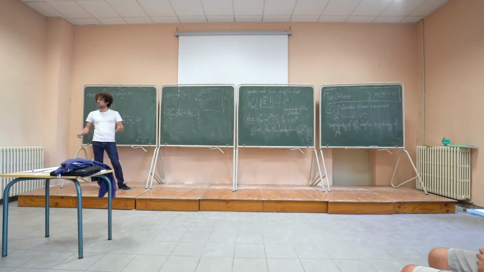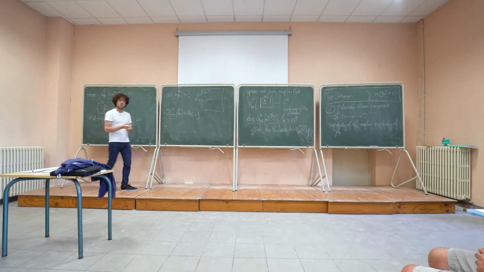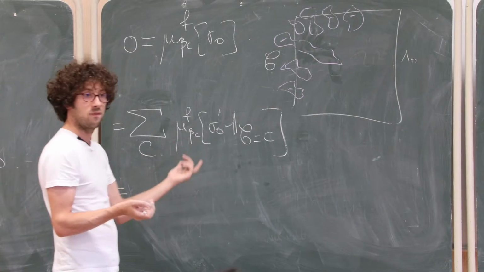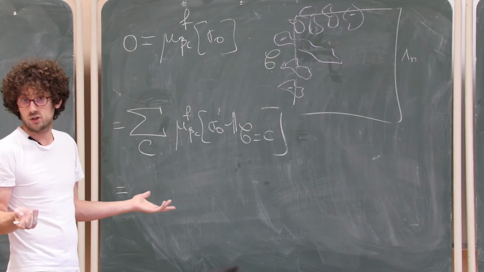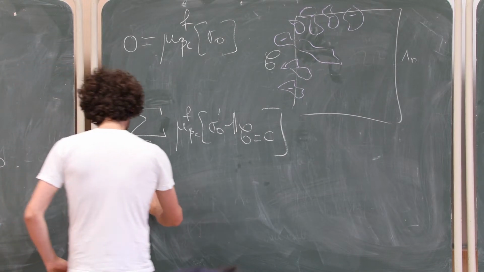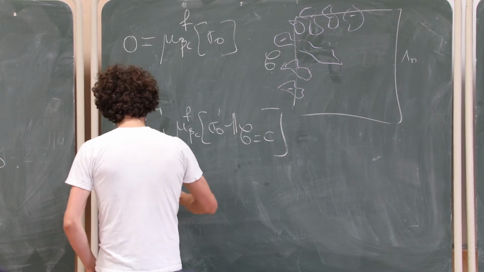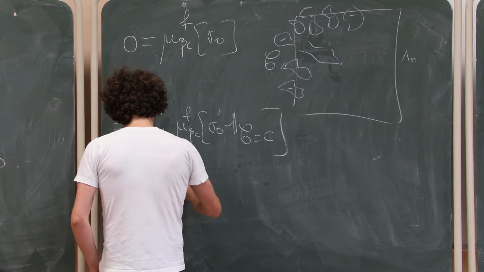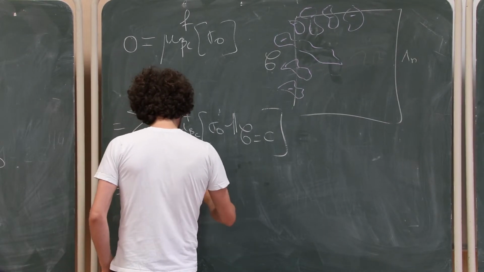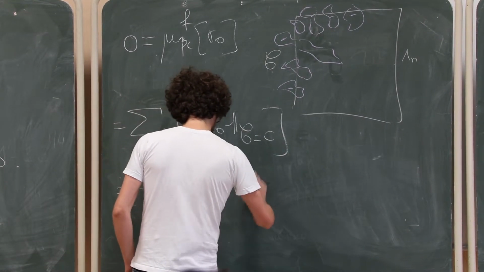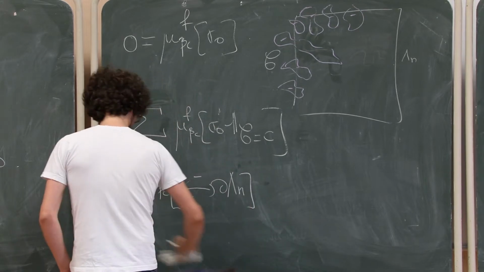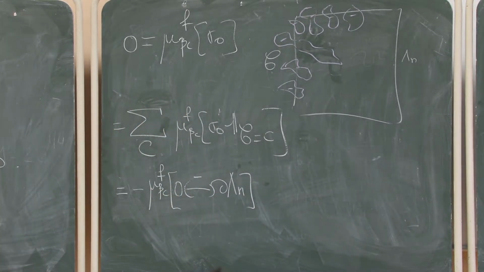Maybe one of these clusters gets to 0. In this case, the spin by definition is -1. So I get minus mu free beta c of 0 connected by minuses to the boundary of the box of size n.